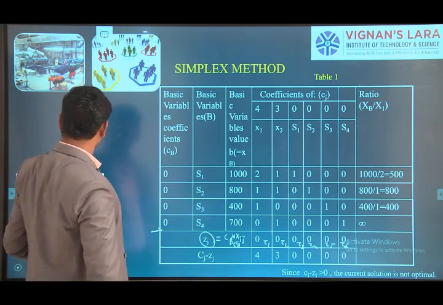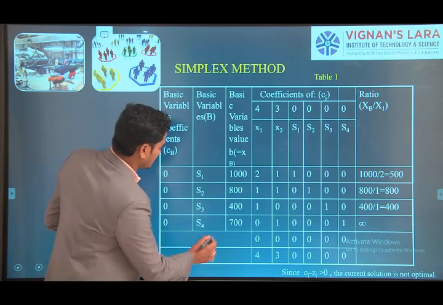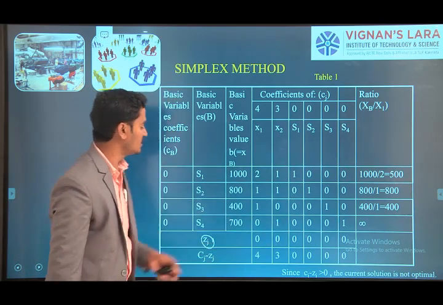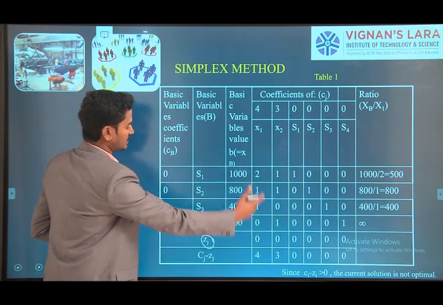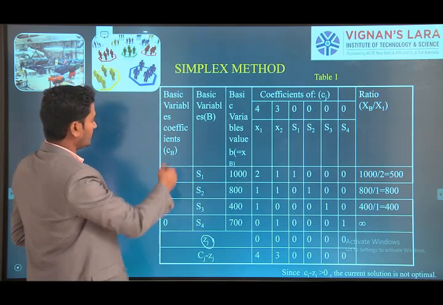Now coming to the first Zj value. How do we get this Zj value? First, we take the first column with the coefficient values of the basic variables.